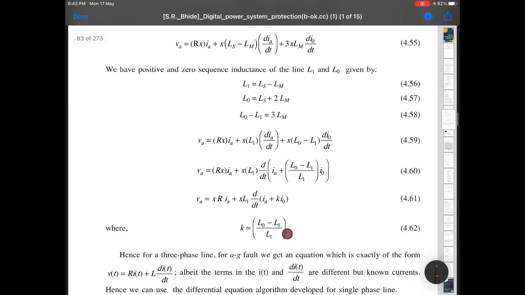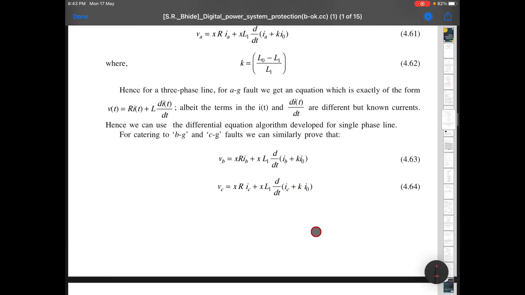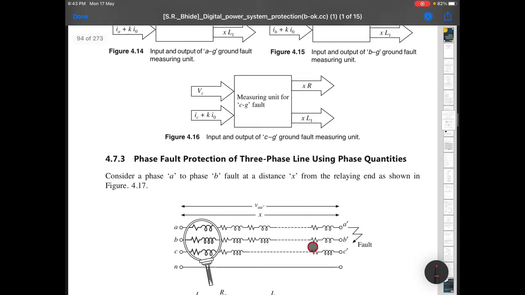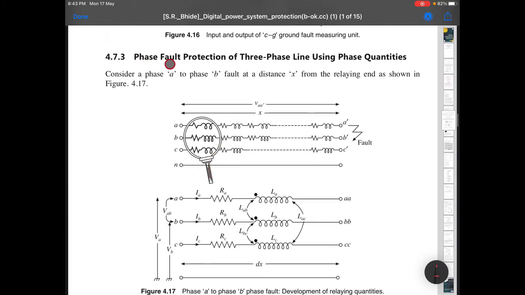That is what we need to remember, which we went through in our previous video. Now the same approach will be there, but for phase fault.